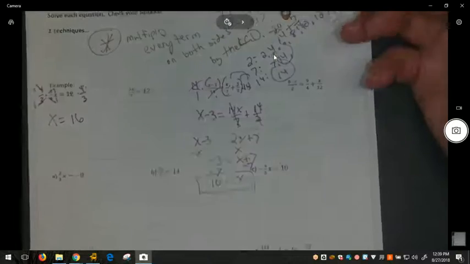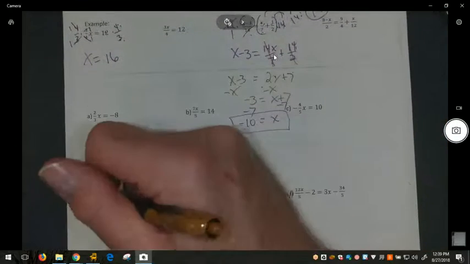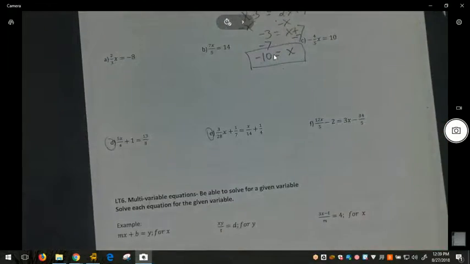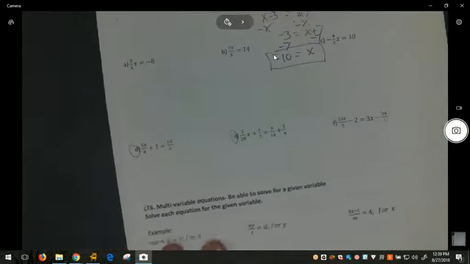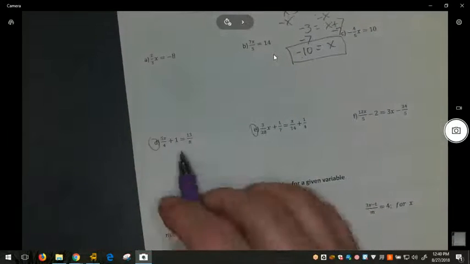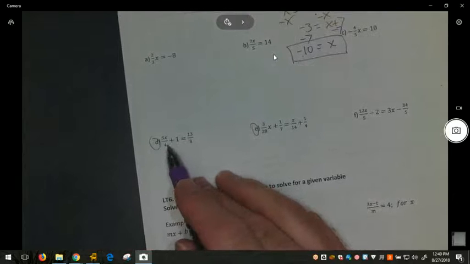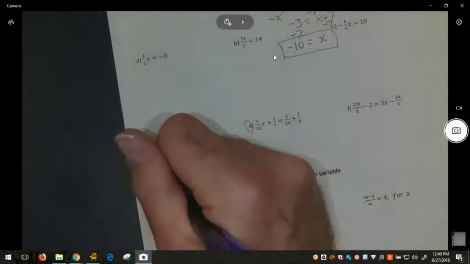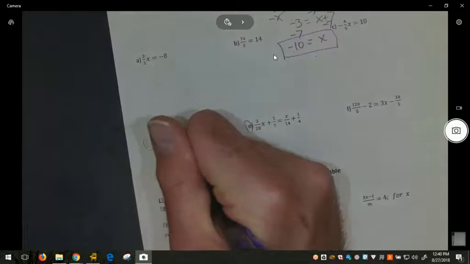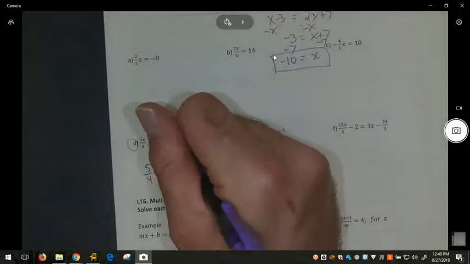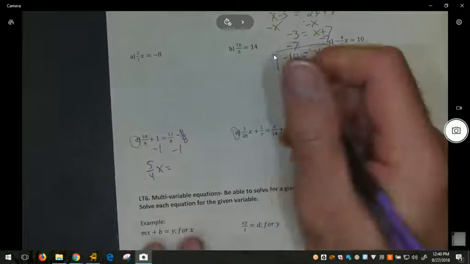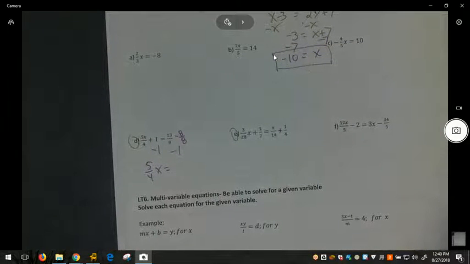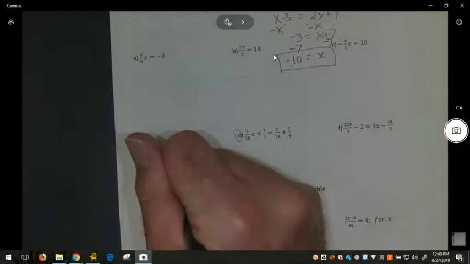Let's take a look at letter D and E. Letter D, to solve, the first thing I'm going to do, because there's only one fraction and that's on the variable itself, I'm going to subtract 1. So I have 5/4 x equals, so in effect I'm really subtracting 8/8. 13 minus 8 is 5, so I have 5/8.